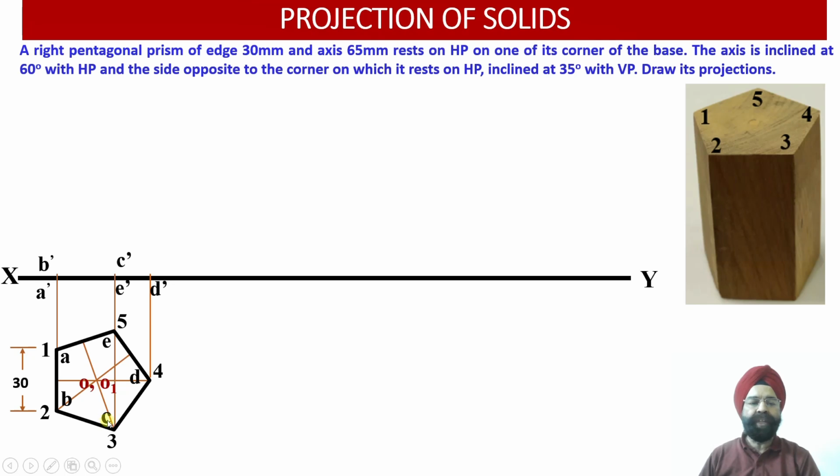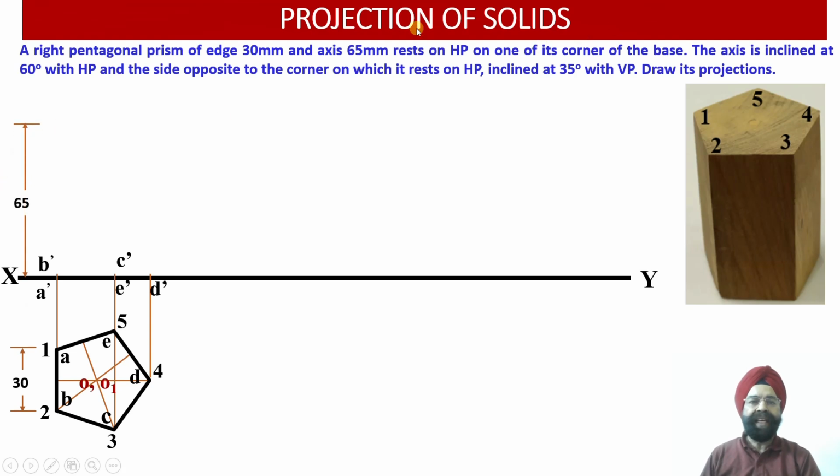Similarly, corresponding to the base points C and D, we obtain C dash and E dash points onto the XY reference line. And finally, corresponding to the base point D, we obtain point D dash onto the XY reference line, because the pentagonal prism is resting on its base onto the horizontal plane.